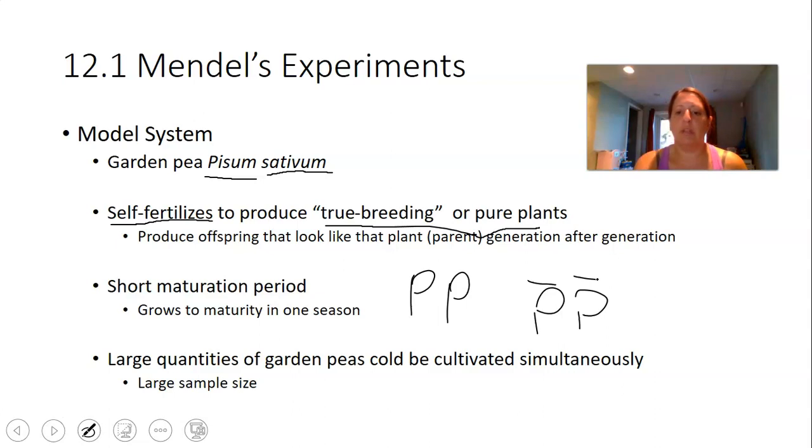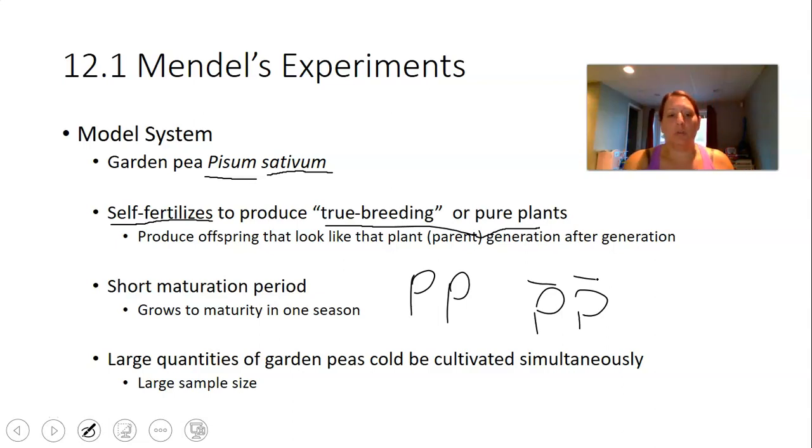So they would be true breeding, pure white flowered plants. Their genotype, we're going to get to this terminology, I'm just trying to use it to get you used to it. The genotype, the genetics, what alleles that plant has would be little p, little p. We also could say that that plant is homozygous recessive. Okay?